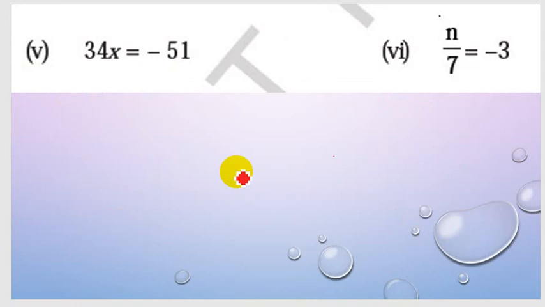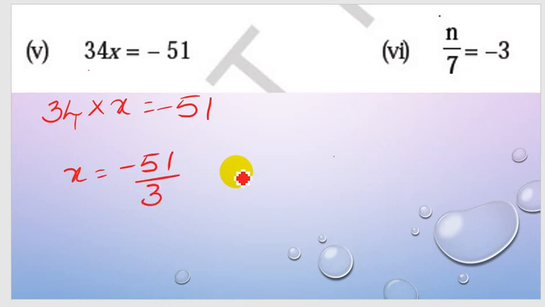So will you try this? Let us see this. 34x is equal to minus 51. So how can I read it? 34 into x is equal to minus 51. So from this, x is equal to minus 51 divided by 34. In which table can we cancel these two?